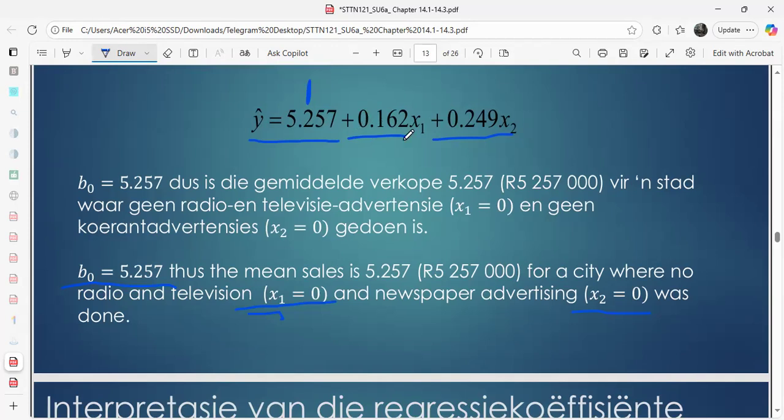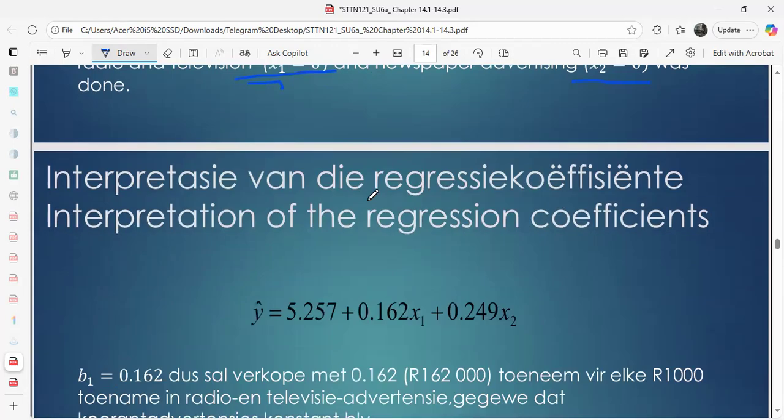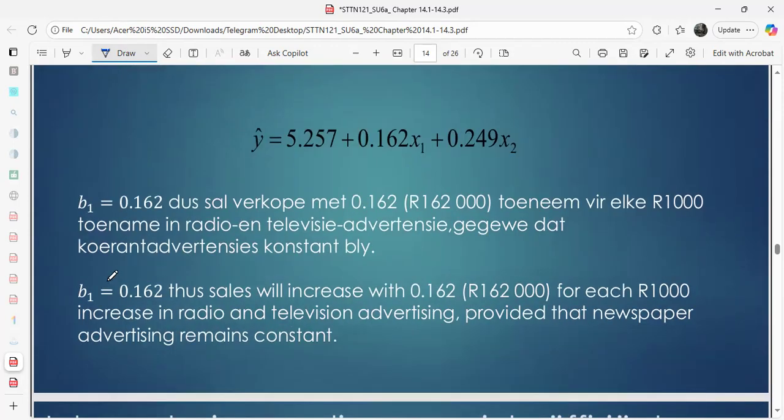For B1, it's very important to check if it's positive or negative. Now let's check the interpretation for B1. Since B1 is positive, we say B1 of 0.162. Remember, you'll be given the information and the output. B1 corresponds to X1, the radio and television advertising.